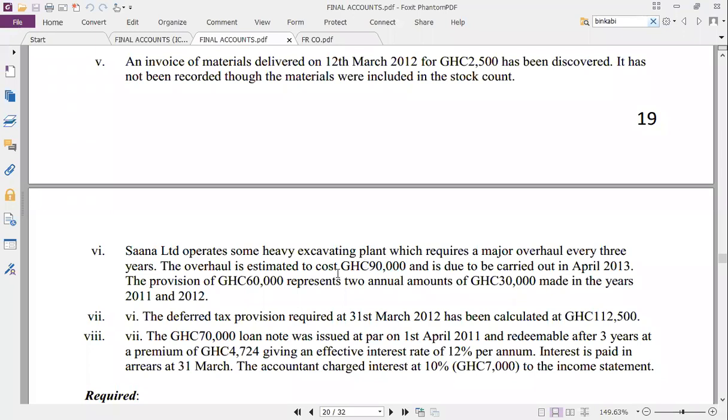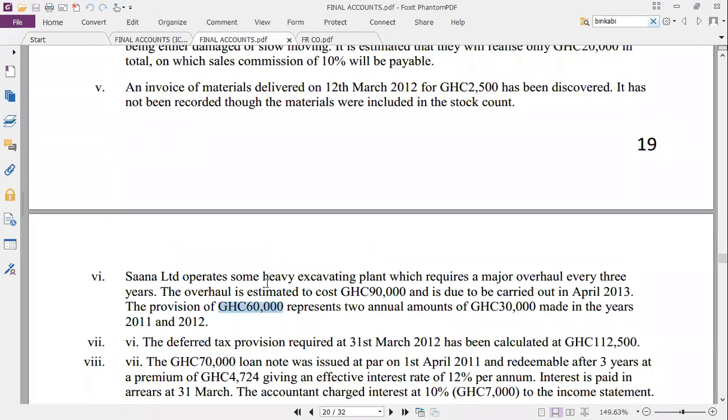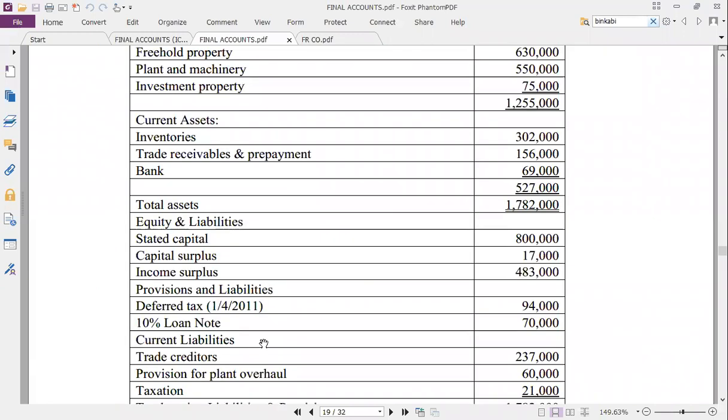So they need to top it up. In short, an additional 30,000 needs to be raised to top up the 60,000. The 60,000 is in the financial statement. So far, they've only raised 60,000 towards 90,000 expenditure, which is not enough. So what do we do?